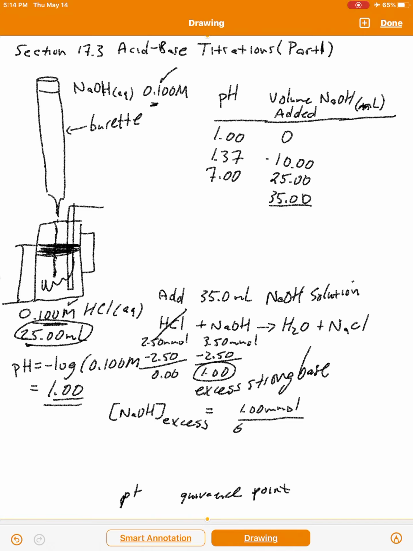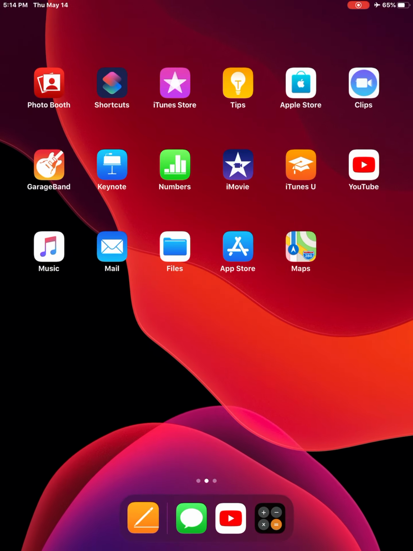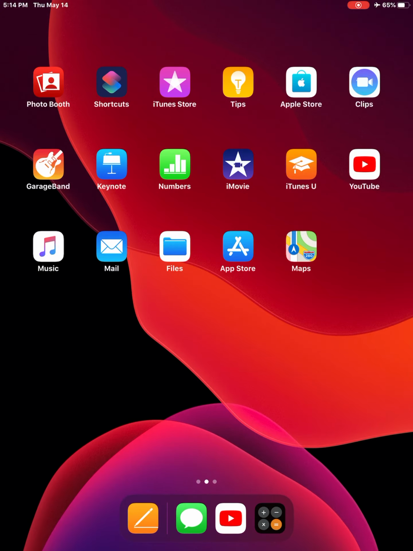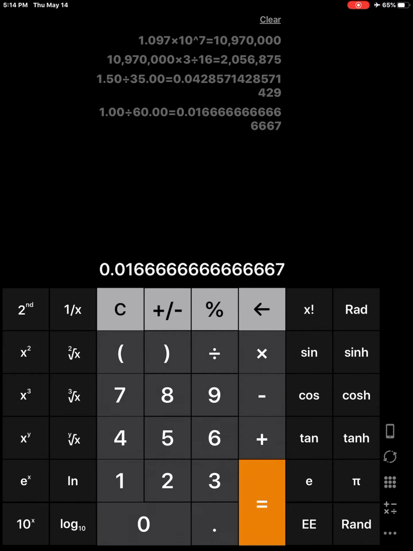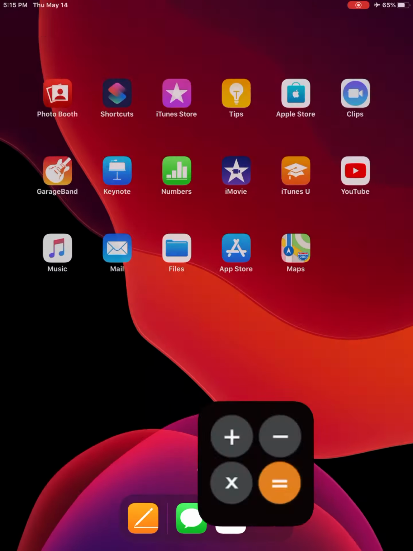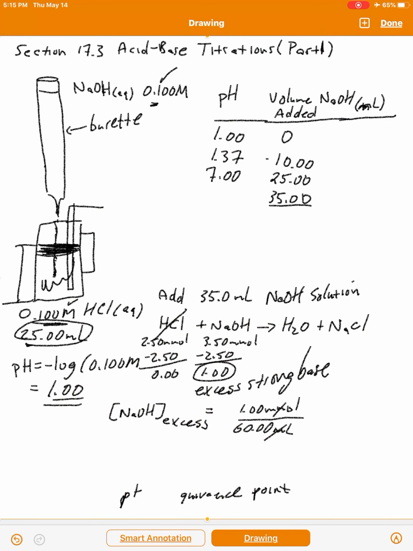That's 60 milliliters. Millis cancel, so it's 1 over 60 in moles per liter. And there you go, 0.0167. Sodium hydroxide, strong base, pOH, negative log of that value.